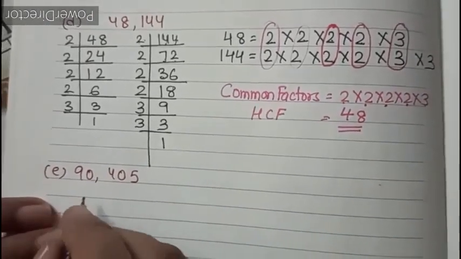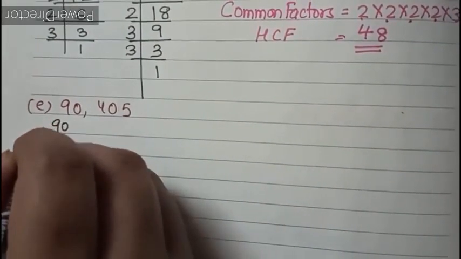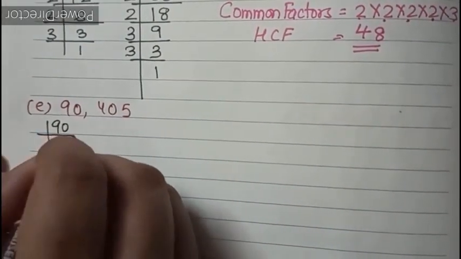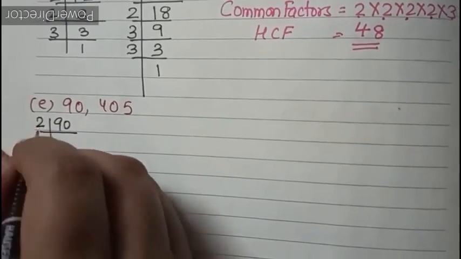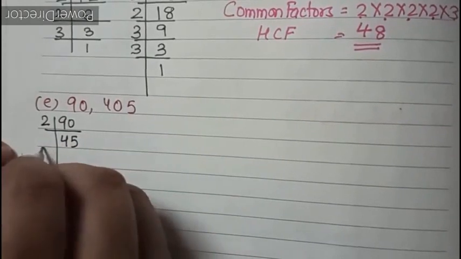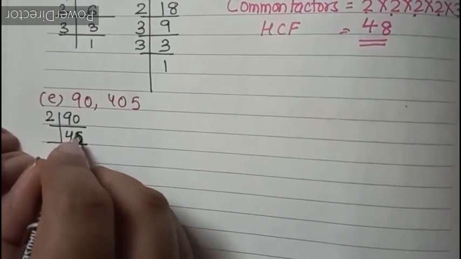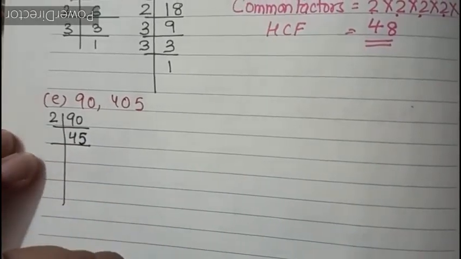Let's take another example, 90 and 405. First we will do the prime factorization of 90. So 2, what is half of 90? It is 45. So 2 times 45 will be 90. Now because we have 5 in the end, it will not be divisible by 2.